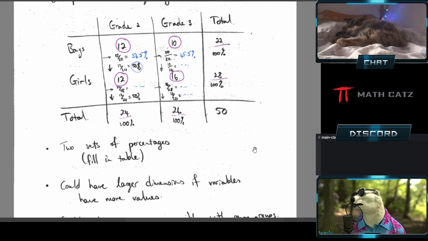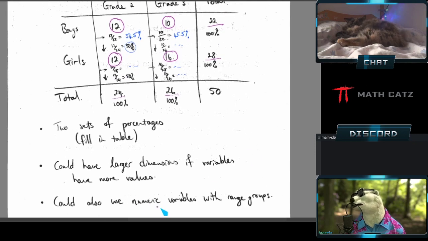If I want to do this, I could also use numeric variables with ranges, range groups. Let's say we have a few columns for the different scores they could get in a test. I might not want to have too many columns. I could break it up into 0 to 25%, and then the next 25% in the test scores they could get.